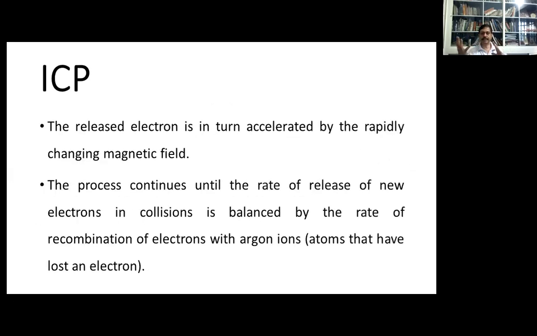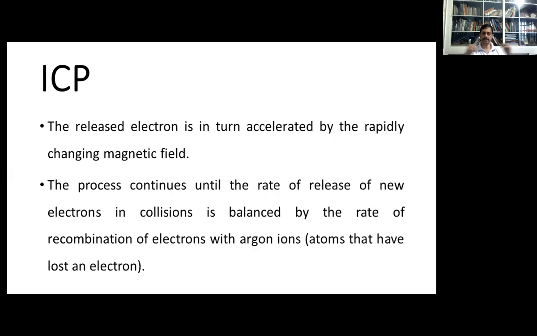The released electrons, the electrons that are knocked out from the atoms of the argon, in turn get accelerated by the rapidly changing magnetic fields. Now we have fast moving ions and electrons in the field.